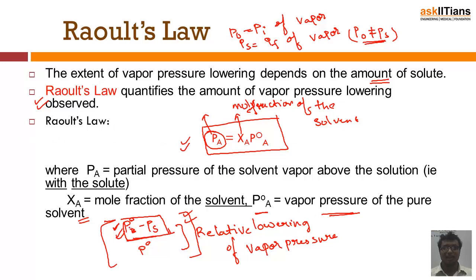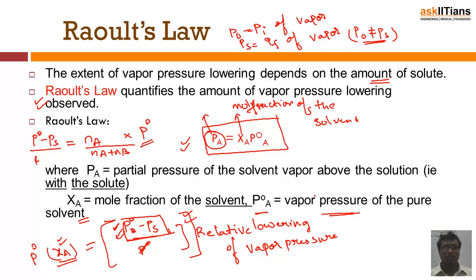So we have already discussed that this value of relative lowering of vapor pressure is directly proportional to the mole fraction of the solute. So there is another concept: relative lowering of vapor pressure is equal to the mole fraction of the given solute. So I can take P naught to this side. I'll get P naught minus Ps is equal to the mole fraction Na by (Na plus Nb) into P naught.